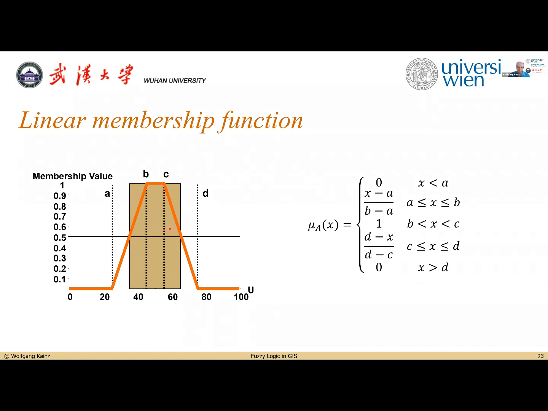And then the membership degree falls between c and d according to the expression d minus x divided by d minus c. And for every value greater than d, which is this parameter here, the membership value again is 0. Now, this is the simplest way of defining a membership function. And in one of the next slides, I will show you how many different situations or models you can express using this type of function.